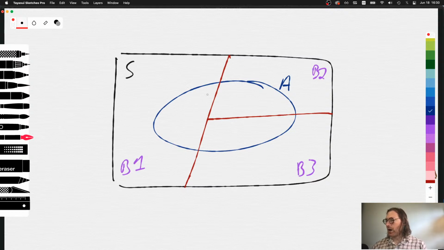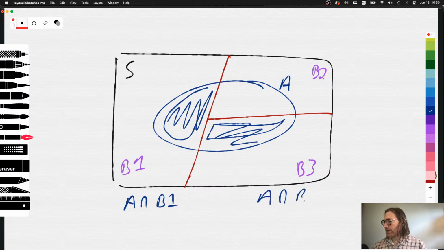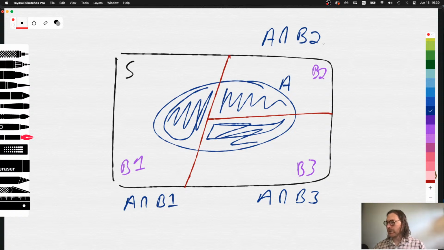This section of A is the intersection of A and B1. Over here, this part of A is A intersected with B3. And this part of A is A intersected with B2. So if we want to compose A, we can do it just like that.